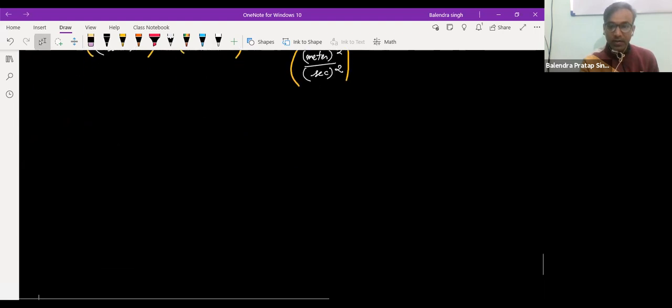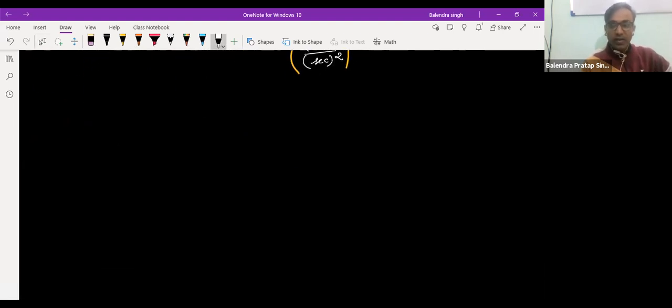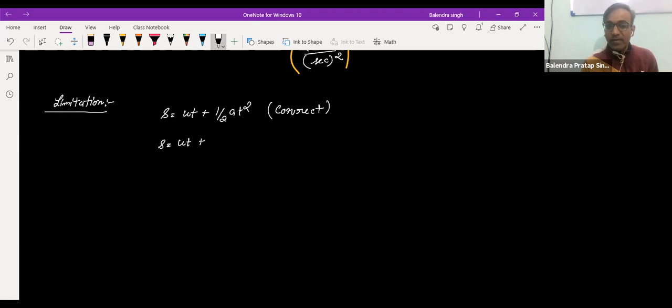The limitation is that the equation s is equal to ut plus half at square is dimensionally correct, and by using the same formula, you can also say that s is equal to ut plus 2at square. This is also correct dimensionally.